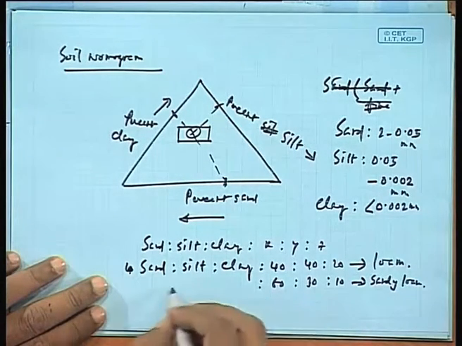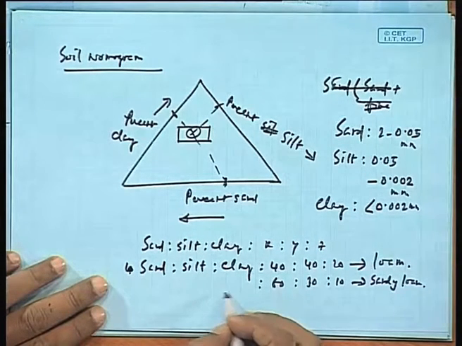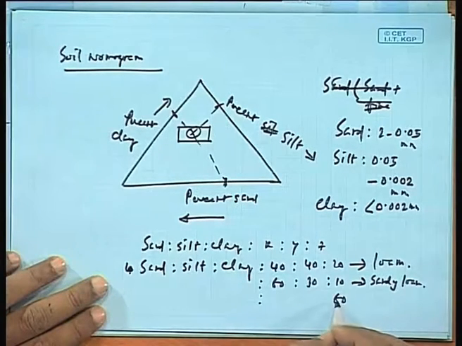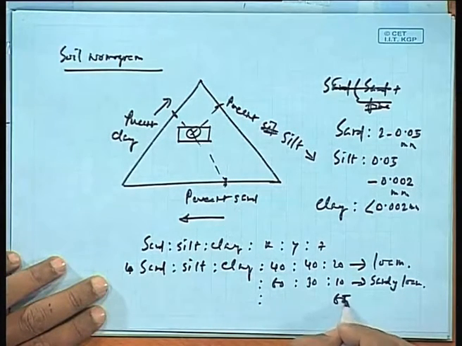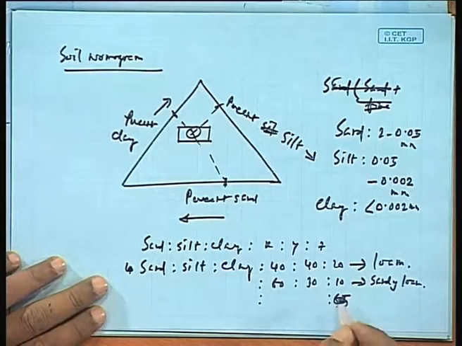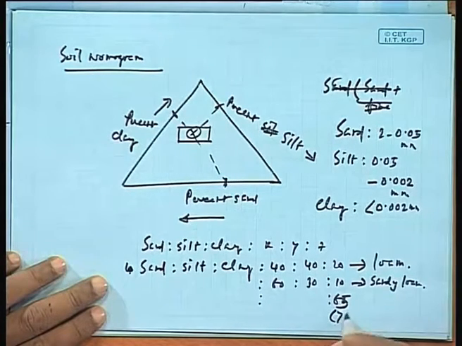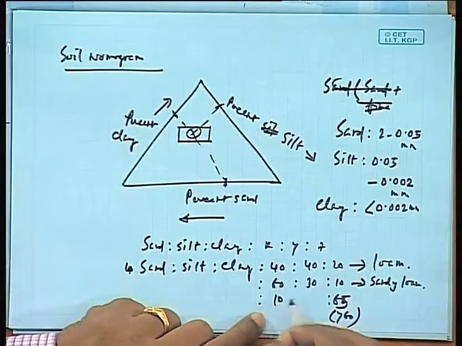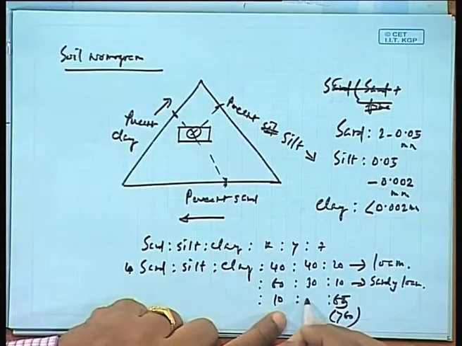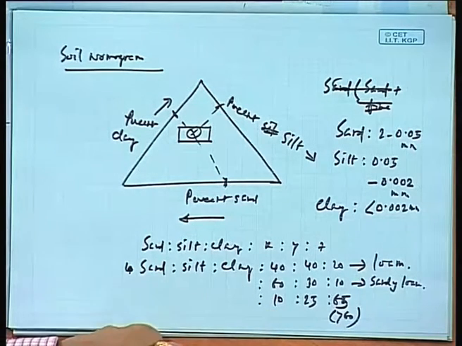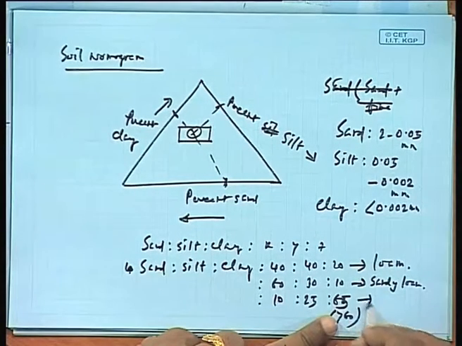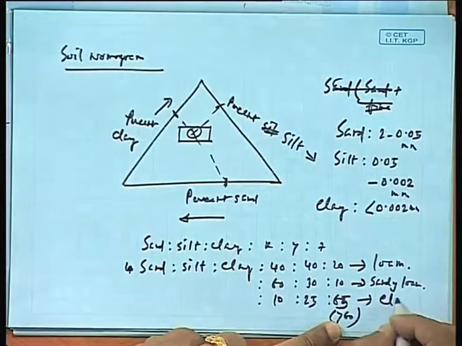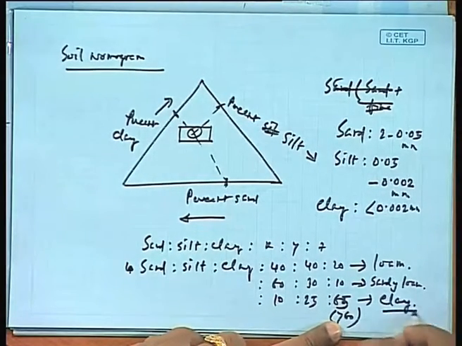If the soil is 60% or more clay, say 65%, with this one 10% and this one 25%, this would just be known as clay.